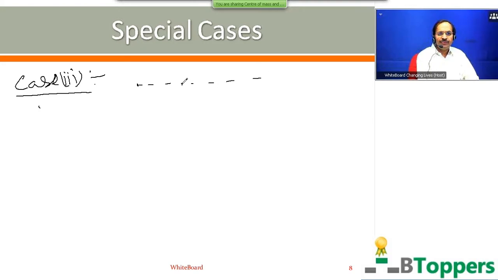Let us consider a body of mass m1 with its center of mass at c1. Let us consider another body of mass m2 whose center of mass is at c2. c2 denotes the position of the center of mass of the second mass m2. c1 denotes the position of the center of mass of the first mass m1.